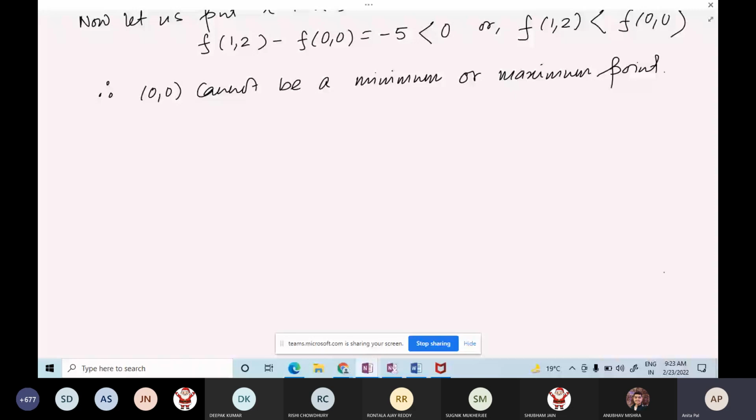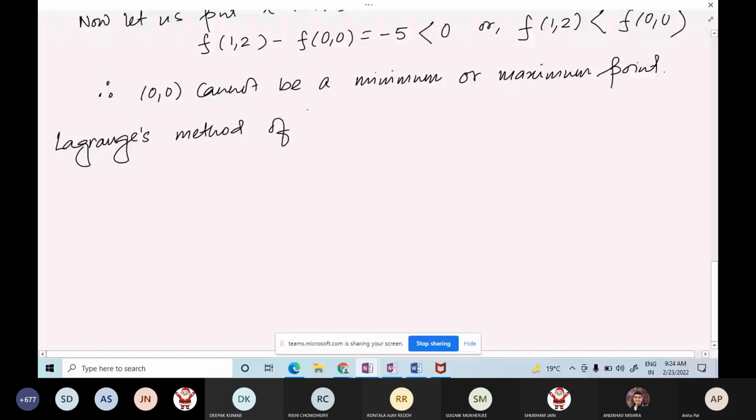Okay. Now let us come to Lagrange's method of undetermined multipliers.